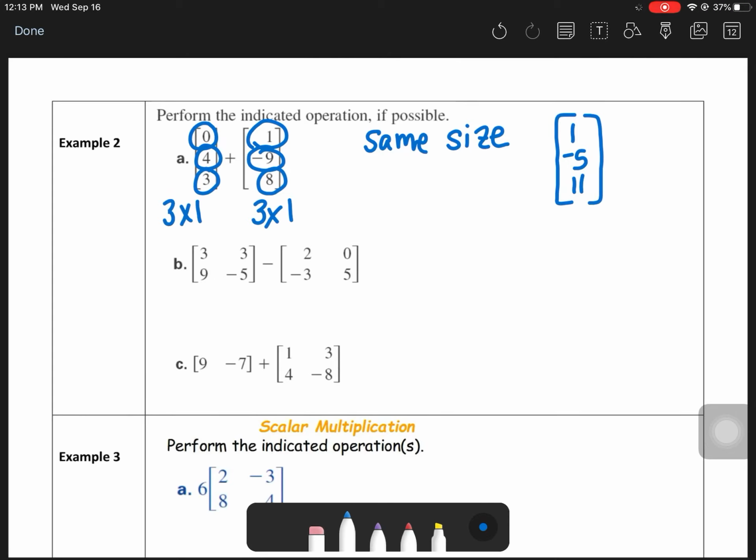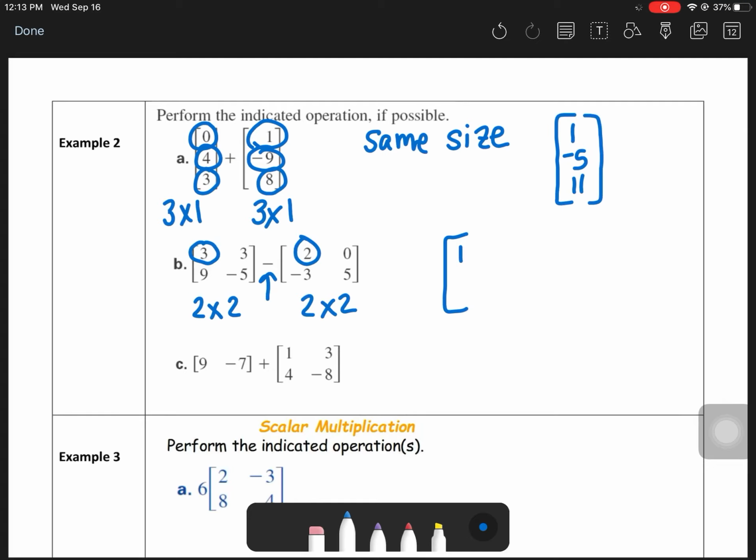To subtract matrices, we do the exact same thing. They first have to be the same size. This one is 2 rows and 2 columns, and this one is 2 rows and 2 columns, so they are the same size. They can be subtracted, so we subtract each of the elements. 3 take away 2 is 1, and the answer goes in the same position as when we were adding.